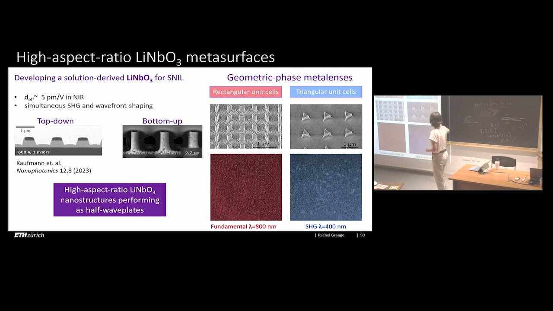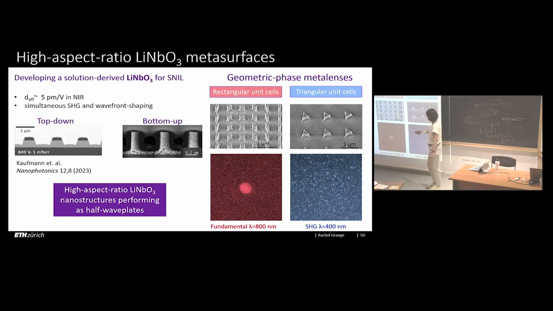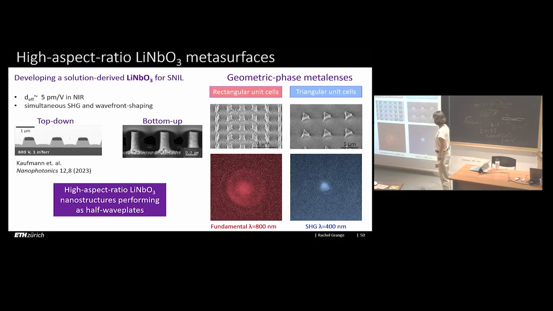So this is an example of a meta lens out of lithium niobate, actually. And you see that with the same meta lens, we can focus the linear light, the fundamental light at 800 nanometer, as well as the second harmonic generated light by those small particles at 400 nanometer.